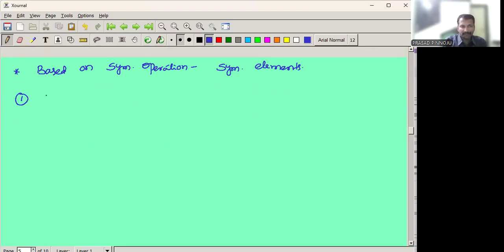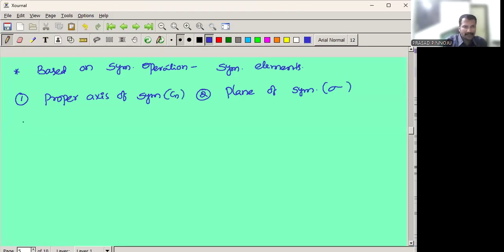rotation of symmetry, Cn, proper axis of symmetry. The second one is plane of symmetry. This is considered as sigma. This is considered as Cn. The third one is center of symmetry.